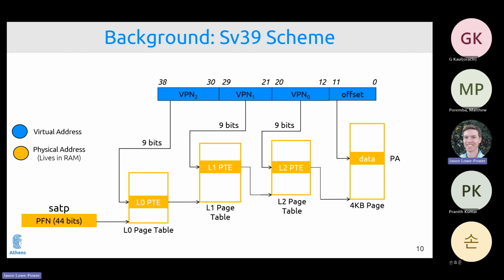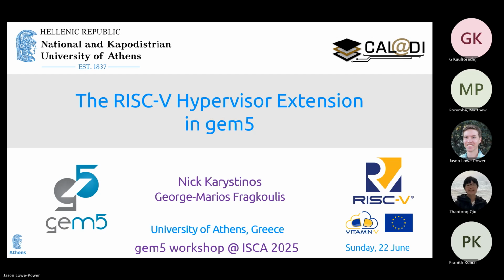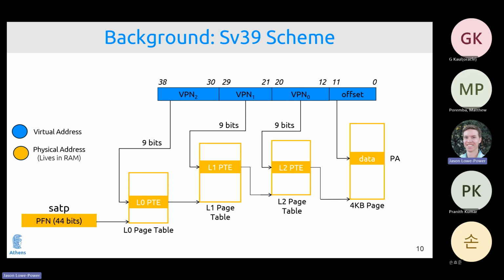You split your virtual address into three parts for a three-level page table, and then you index with each part the corresponding level in the page table. And as you move along, you finally reach your data page, at which point you apply your offset and get the data. So this is how page walking would work without the H extension.